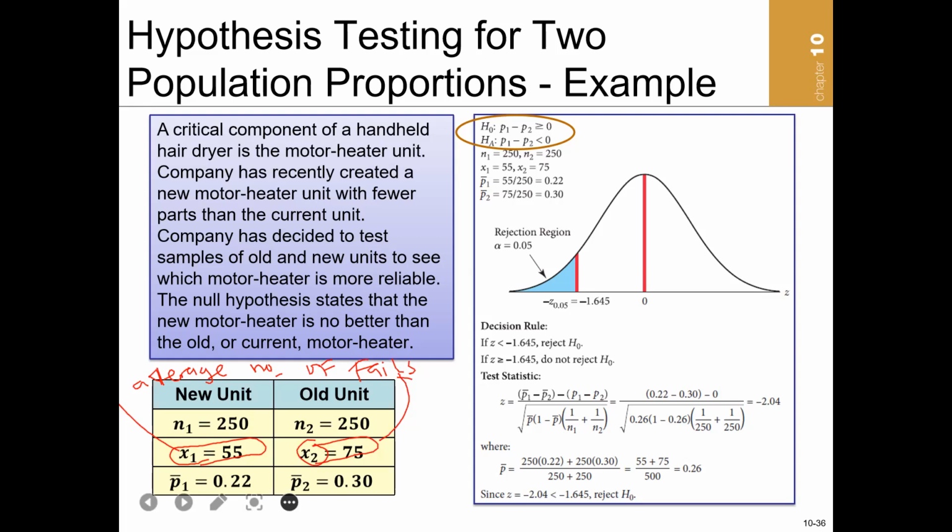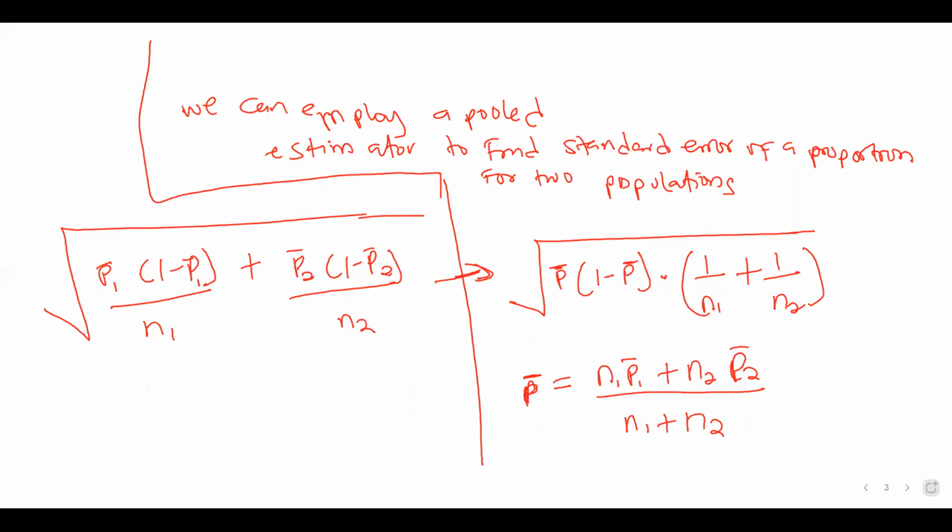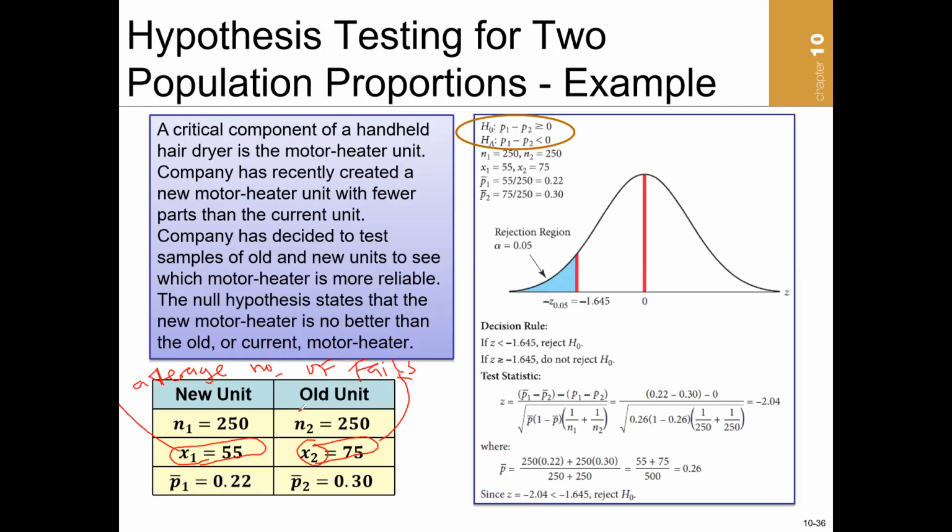Now, we are interested in knowing the proportion that will fail. So let's assume that, per the question, group 1 is the new motor heater, the new unit, and group 2 is the old unit, okay?